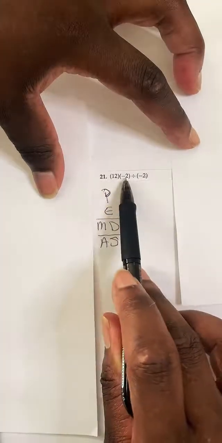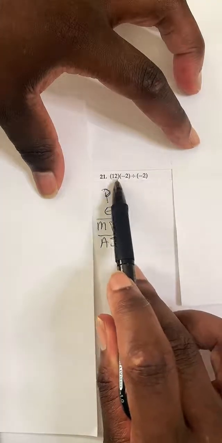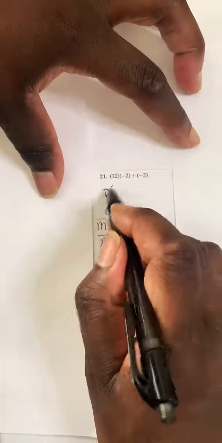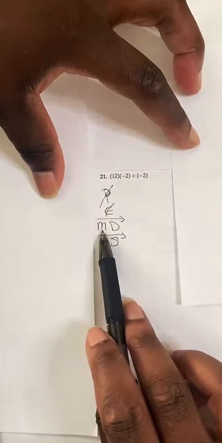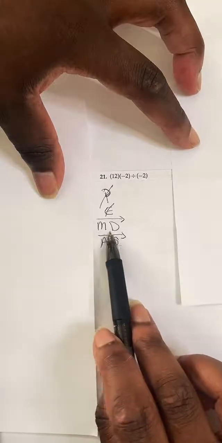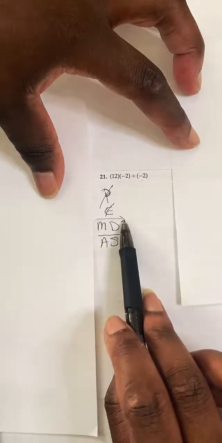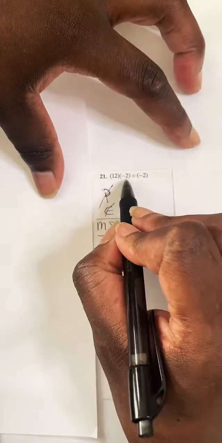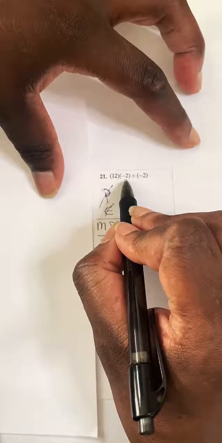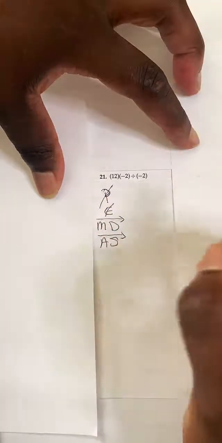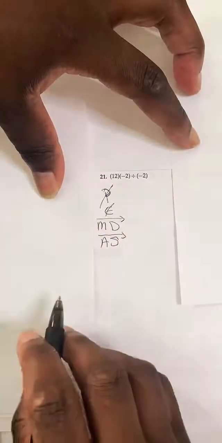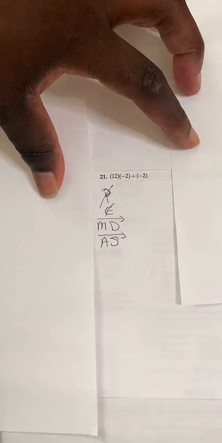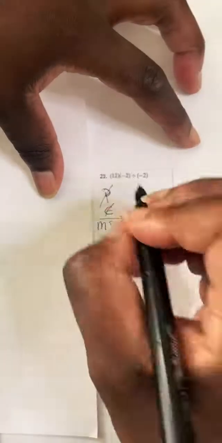So inside the parentheses, we don't have anything to combine. They're just basically monomials. So we don't have any exponents. So we can get rid of the P, get rid of the E. Now we're dealing with the multiplying or dividing from left to right. So that means I am looking at 12 times negative 2 first. So positive 12 times a negative 2, that will give me a negative 24.